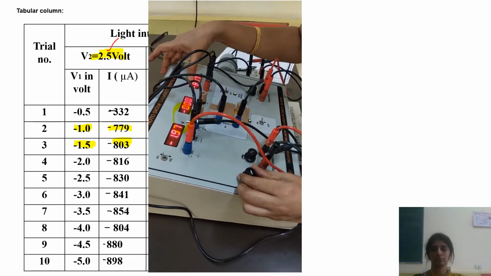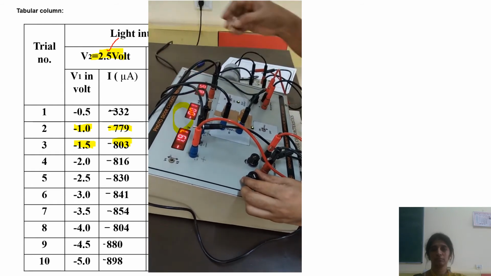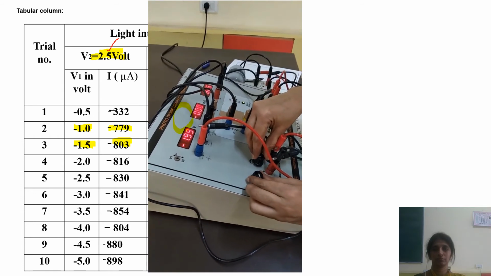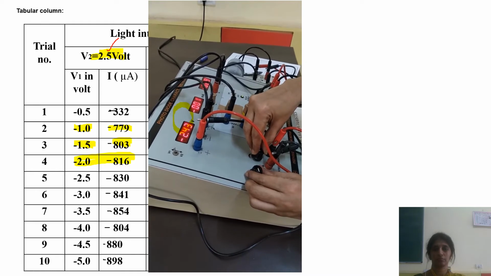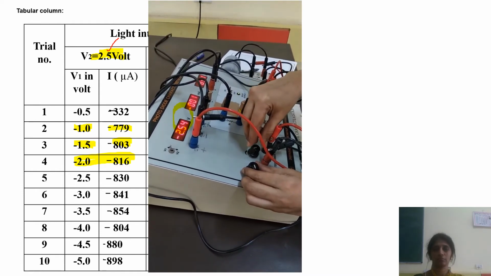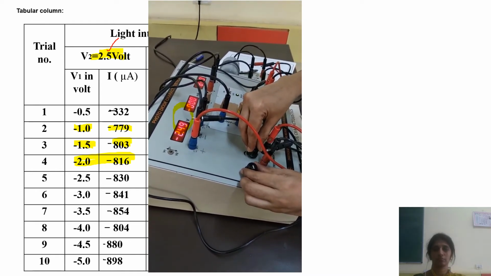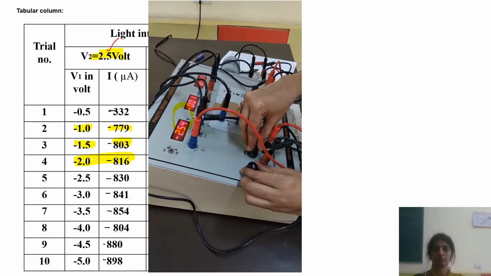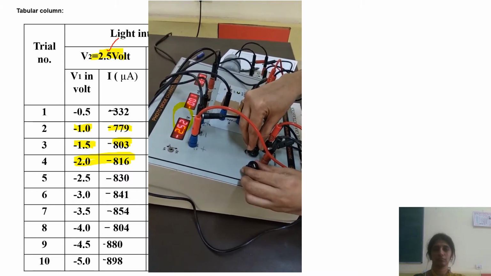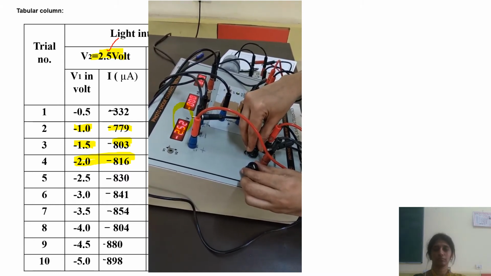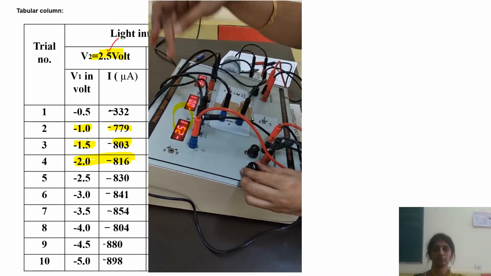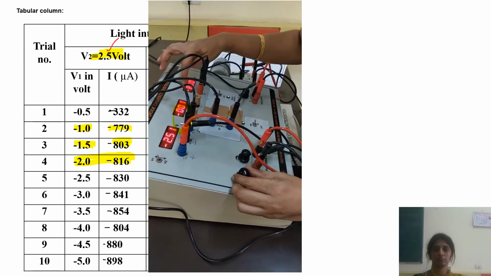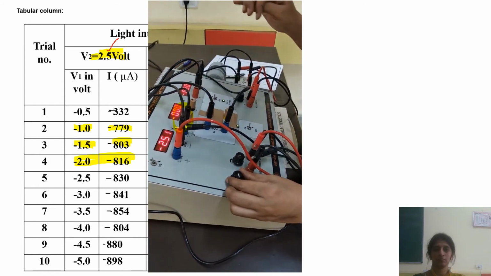It appears to be 860 microampere. Next, keep it on 2.5. Note down the corresponding current. It is 830 microampere.